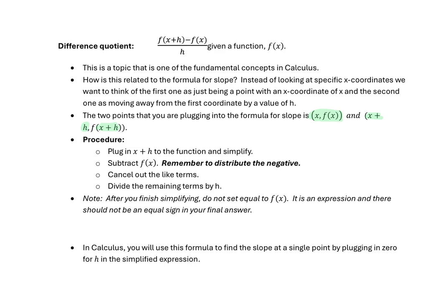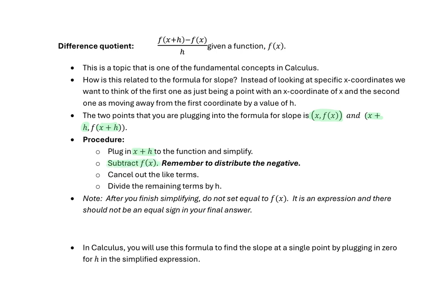All right, from here, in order to do this, we want to plug in x plus h to the function and simplify it. We want to apply exponents, distribute, and combine our like terms, and then we are going to subtract f of x.